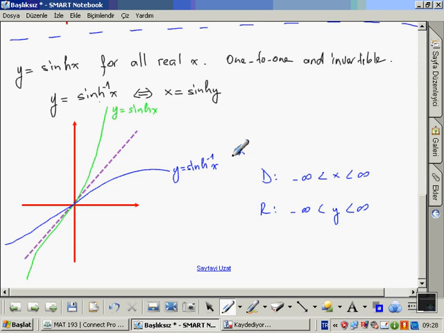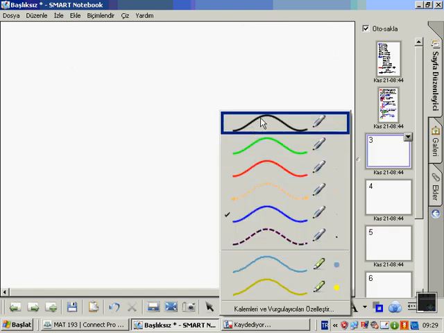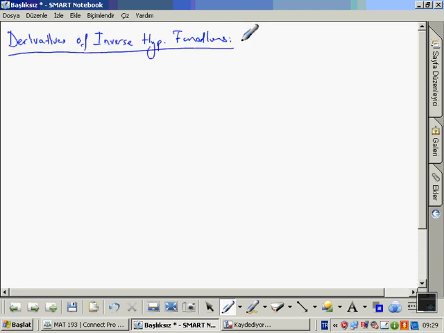Maybe we can continue with the derivation of these inverse functions, and this will be important for you, the derivation of the inverse hyperbolic functions.